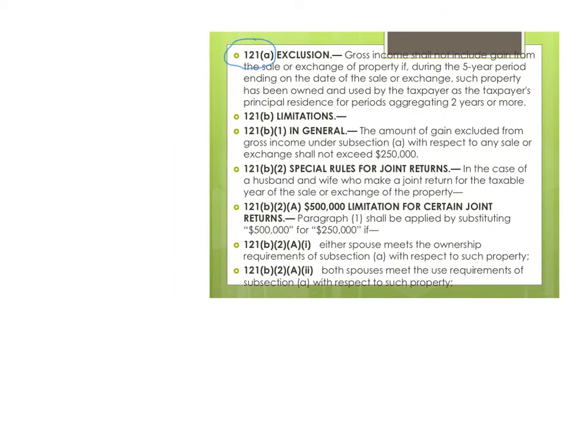And so if we were going to cite that circled portion in a document, we could quite literally just write IRC section 121A and then continue on with our verbiage, okay?